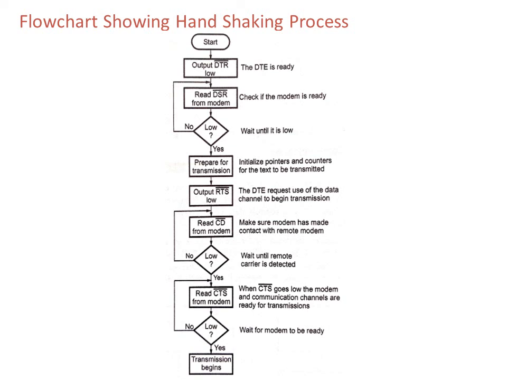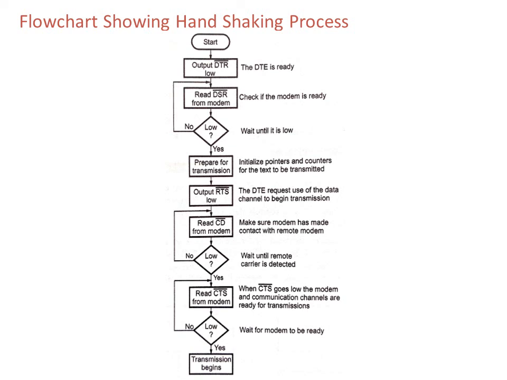The next step is to check if the modem is ready, so we read the DSR signal from the modem. This is also an active low signal. If the DSR signal is low, then the modem is ready. If not, we wait for the modem to get ready.